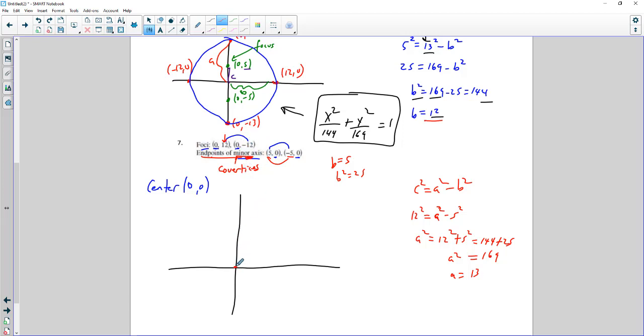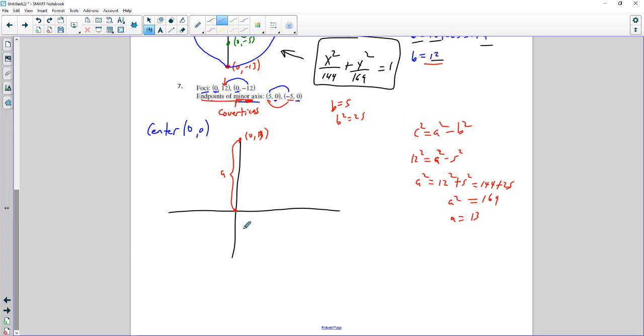So here's your center. I'm going to go up to 13, and this distance here is called a, which is 13. Okay, and we're going to do the same thing the other way. So let's draw this a little longer, keep it symmetrical as much as possible, and we'll make this about right here, I guess.